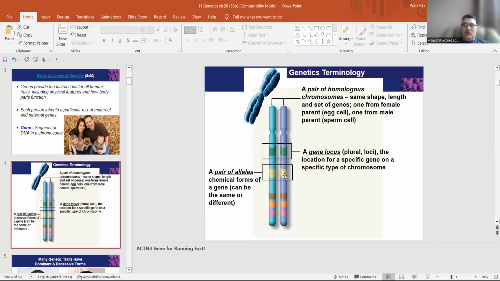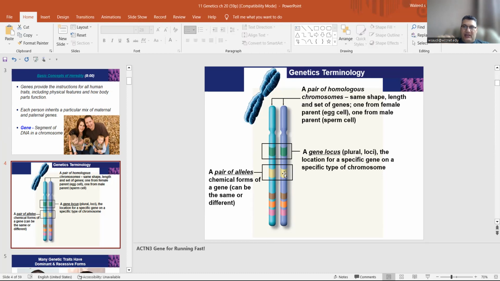Now, there is another word that we have to understand, which is alleles. What are alleles? In this pair of chromosomes, we have a pair of alleles. This yellow and this yellow. These are alleles. And allele is the chemical form of the gene. Does it mean gene?